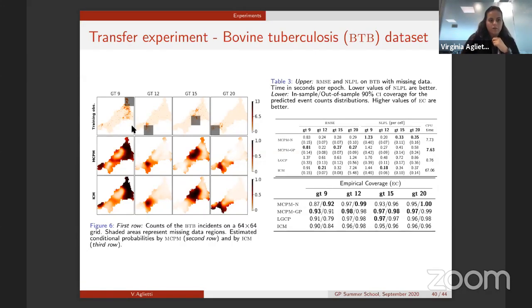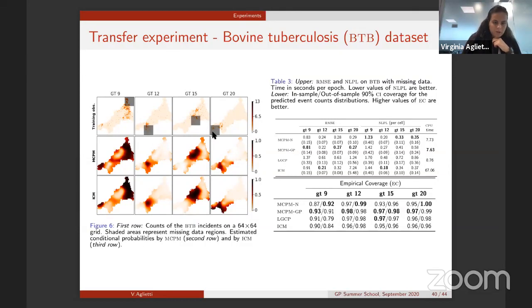And here, instead of looking at multitask versus single task, we see that in the second row we give the multitask Cox process model, and in the third row we give the intrinsic coregionalization model. The first thing to notice is that we avoid, in a sense, negative transfer, and the two models compare quite closely.